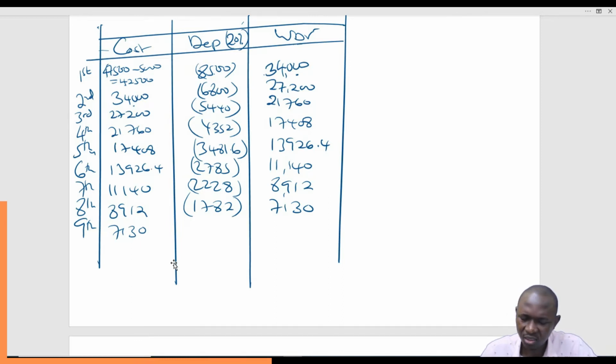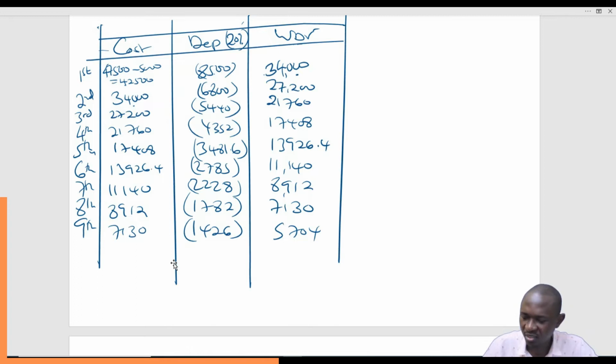So 7130 times 0.2, 1426. So this is 1426. 1426 minus 7130, we have 5704. So we could just keep on going.